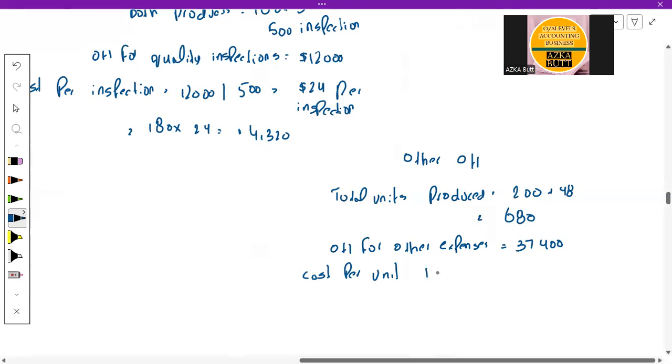for other overheads is equal to 37,400 divided by 680, and this is equal to $55 per unit.